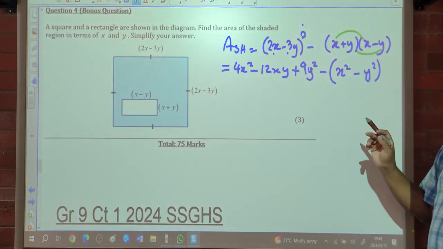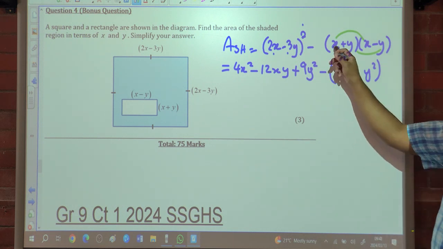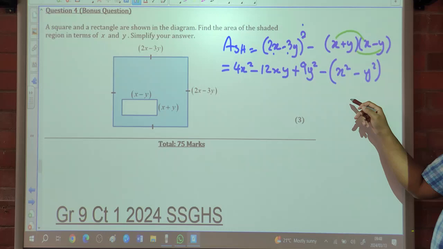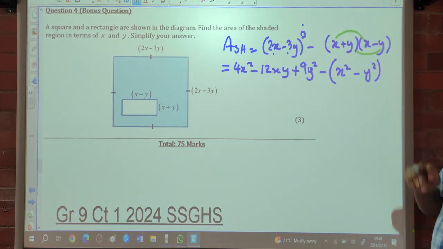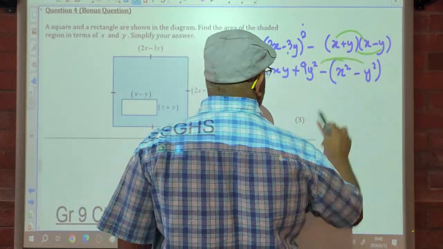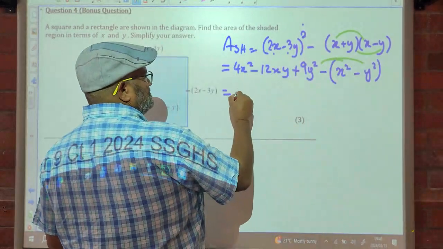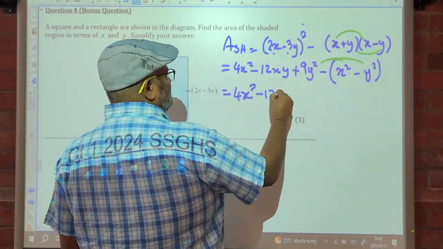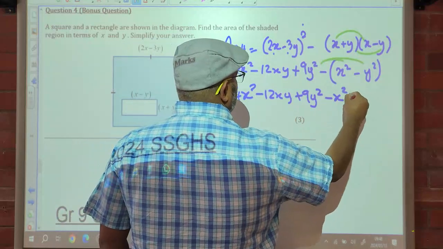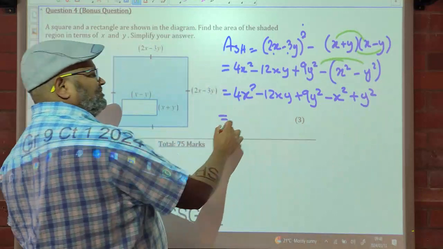If you can't identify the conjugate pair, you say x times x is x squared, x times minus y is minus xy, plus xy, which then cancels, minus y squared. So what do I do now? The brackets open, so it's 4x squared minus 12xy plus 9y squared minus x squared plus y squared.